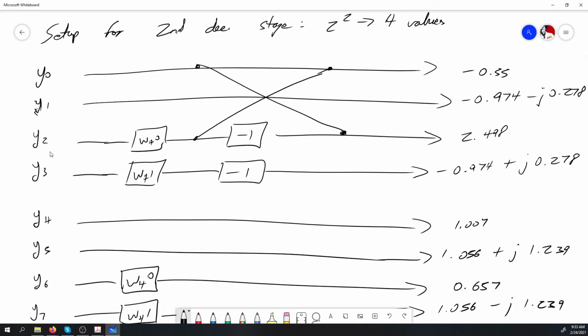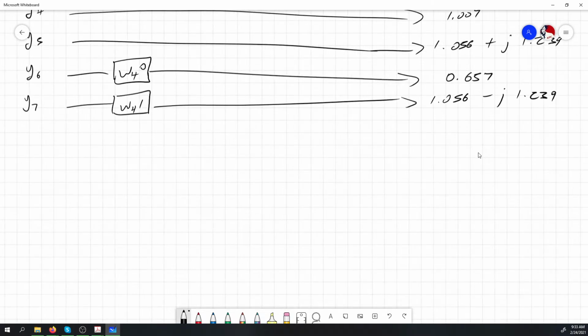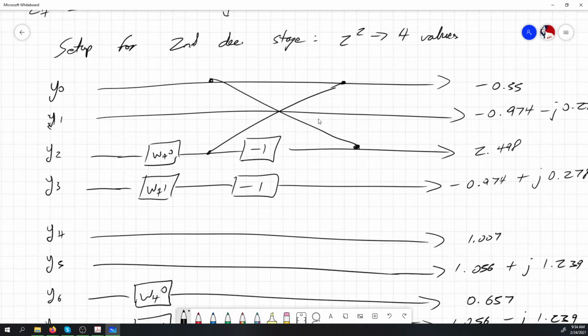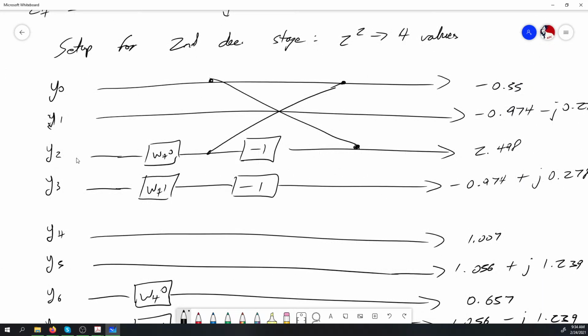So if we watch here, y0 plus y2 W4 of 0 will equal negative 0.55. y0 plus W4 of 0 times y2 is equal to negative 0.55, and then we have y0 minus W4 of 0 times y2 equal to 2.498, which you can see here: y0 plus W2 W4 of 0 times negative 1 is going to be 2.498, so that is y0 minus W4 of 0 times y2 equals 2.498.